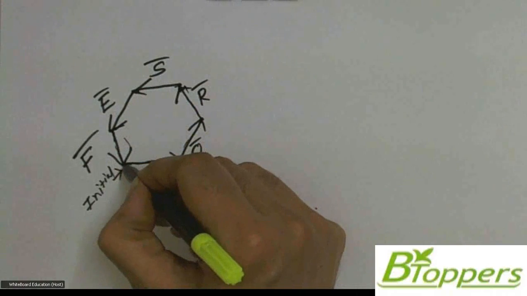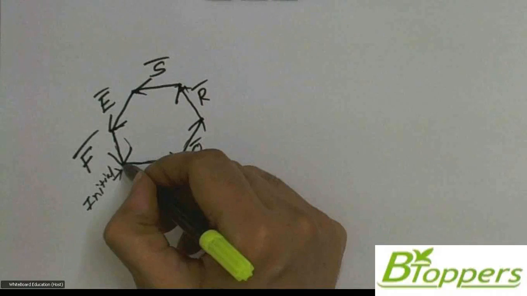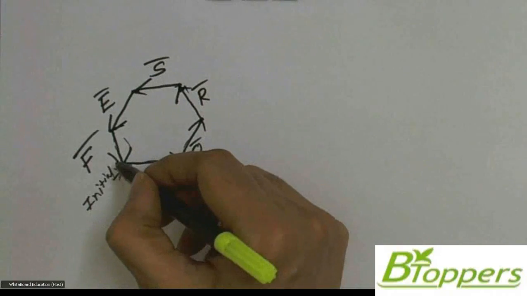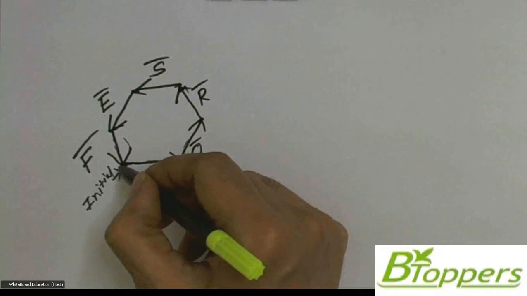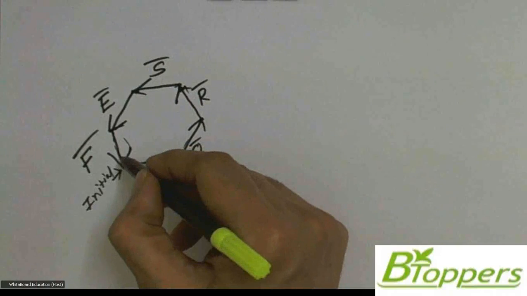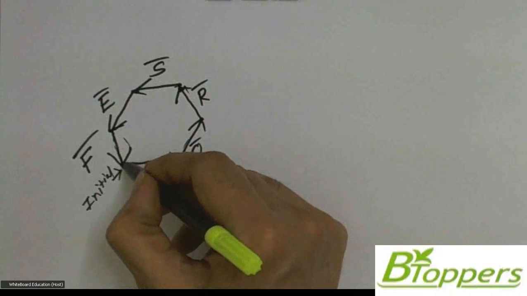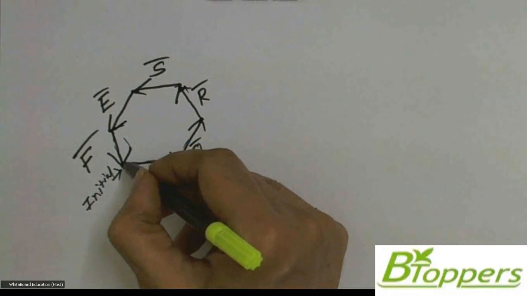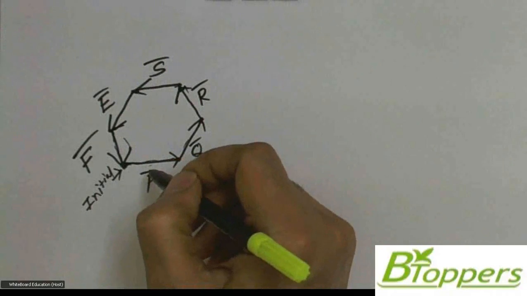After completing the 6 displacements, the particle again returns to the initial position. So when the final position of the particle at the end of 6 displacements coincides with the initial position of the particle at the beginning of the 6 displacements, then the magnitude of the resultant displacement will be 0.